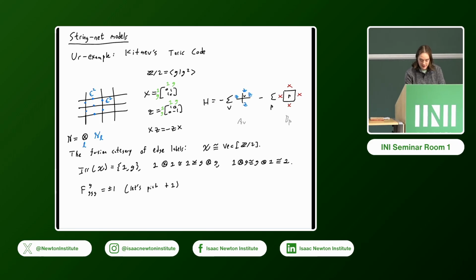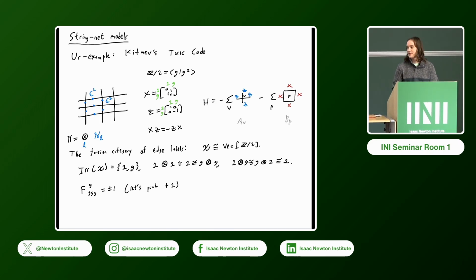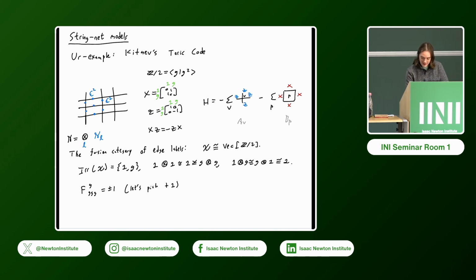And to every edge of this grid, where I put these blue dots, I'm going to assign a Hilbert space. It's going to be a two-dimensional Hilbert space in this case, or maybe you should say a Hilbert space of functions on the group Z mod 2. And then the overall Hilbert space that I get from my whole lattice is just the tensor product of all these local Hilbert spaces. Now, on that Hilbert space, I can define an operator which I'll declare to be the Hamiltonian. The way I define it is like this.